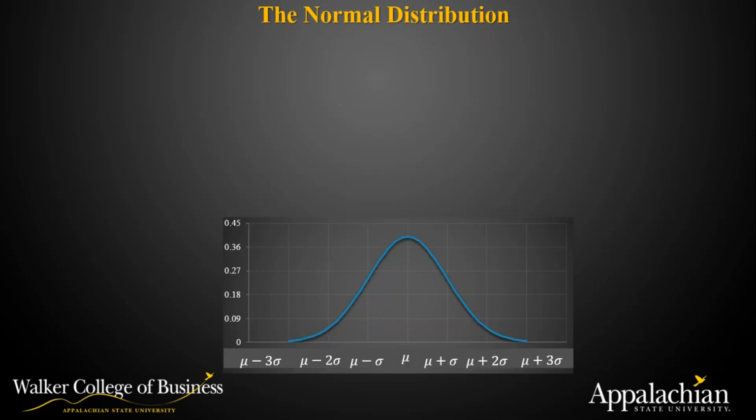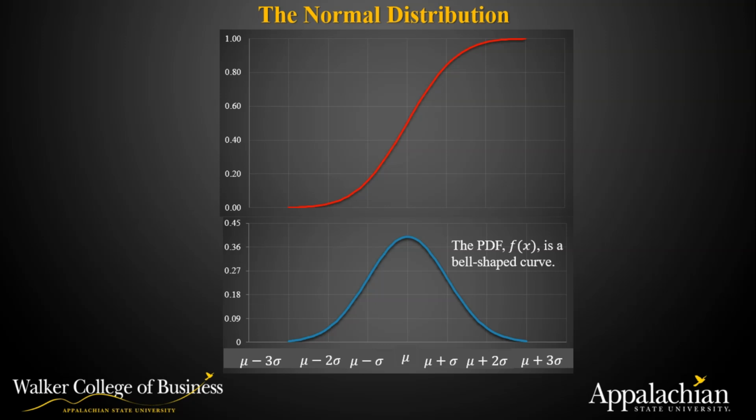So as I said before, the PDF looks like a bell curve that's centered on the mean mu, with virtually all observations lying within 3 standard deviations of the mean. The CDF is an S-shaped curve that starts at 0 and initially increases at an increasing rate until it hits a point of inflection at the mean, where it begins to increase at a decreasing rate.